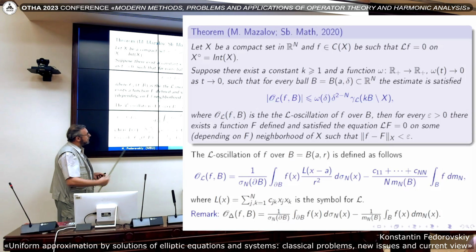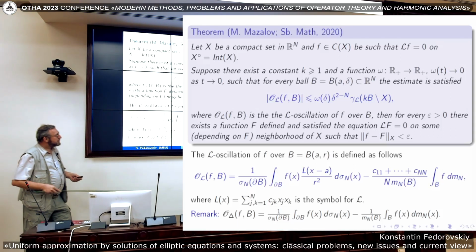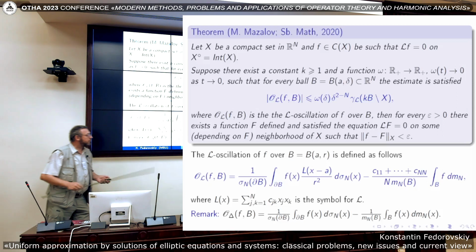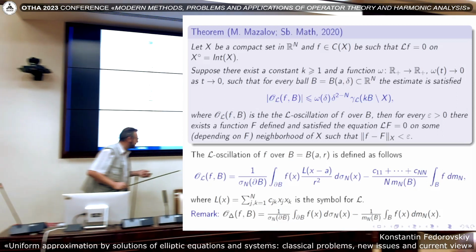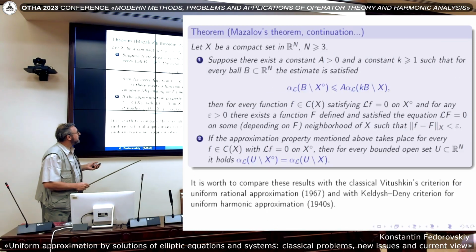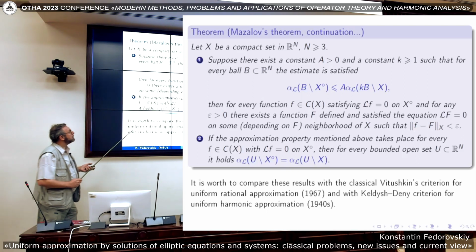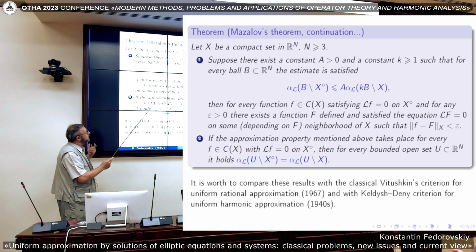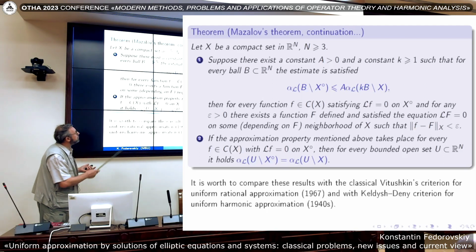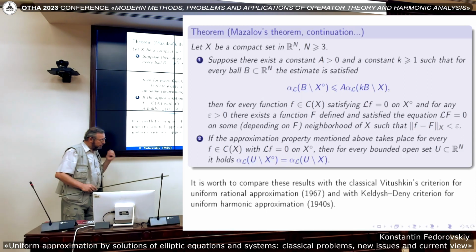Well, of course, this theorem also has a very long history, and unfortunately, I have no time to enter deeply into this topic. Well, but what I want to formulate more about this result is that using the previous result, it's possible to prove approximation criteria for classes of functions.